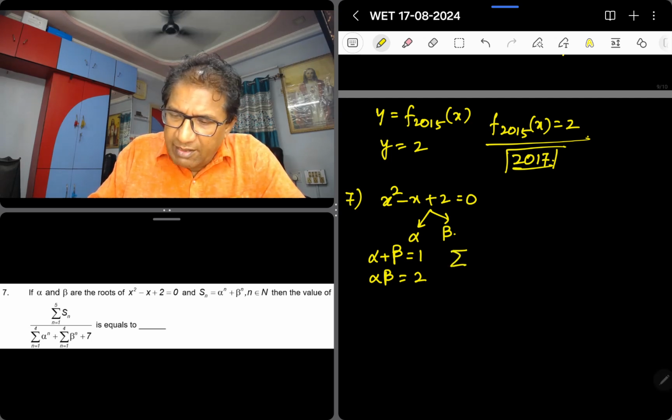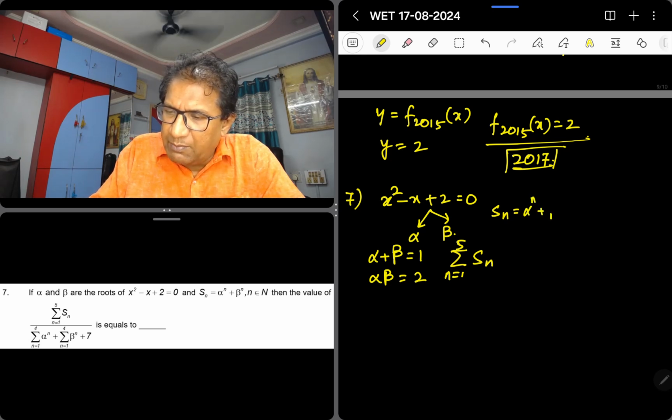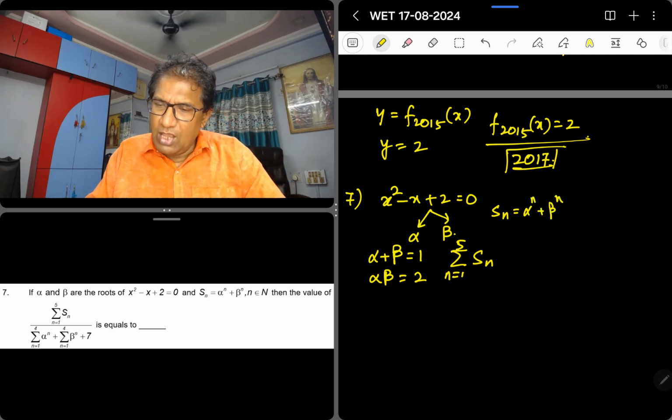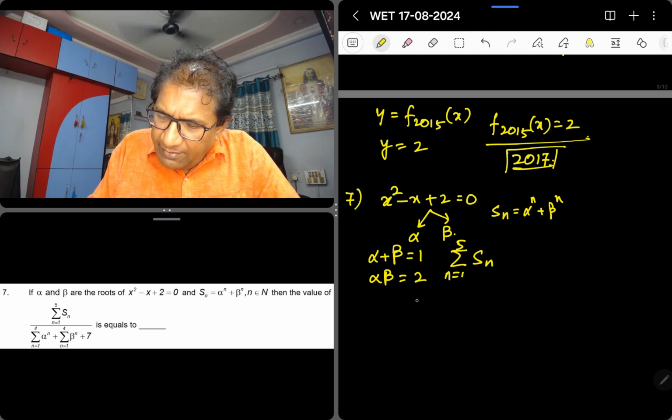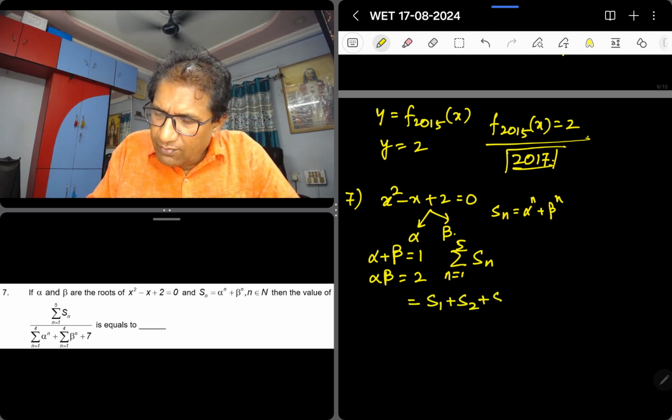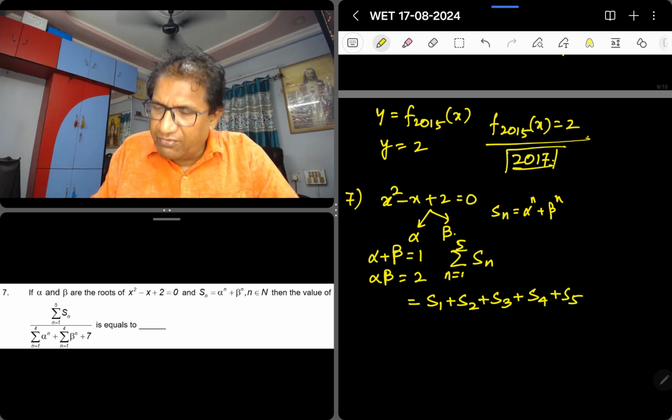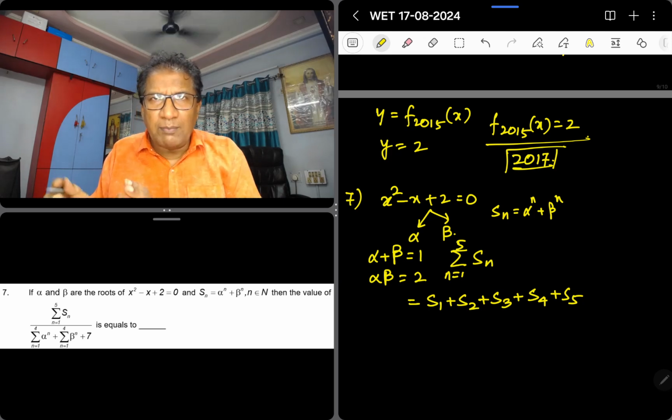We have to find out sigma n from 1 to 5 of Sn, and your Sn is alpha to the power n plus beta to the power n. So, in this case, we have to find out the value of S1 plus S2 plus S3 plus S4 plus S5, right? This is all about your numerator.